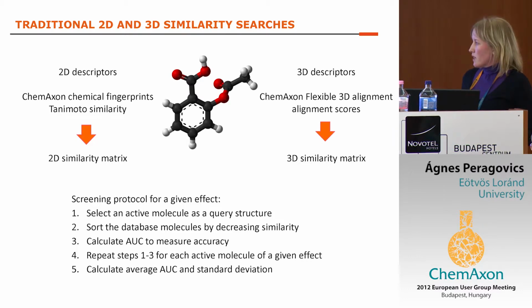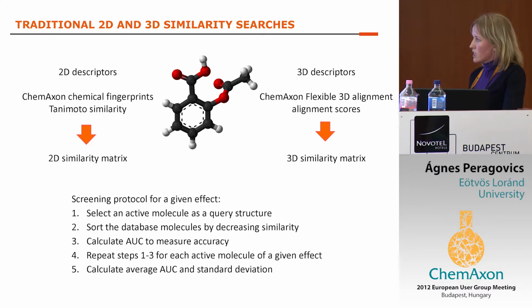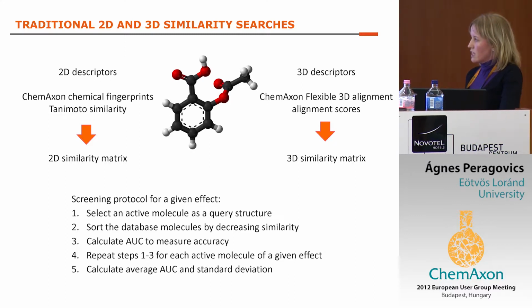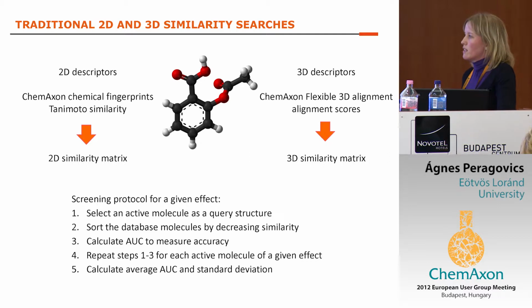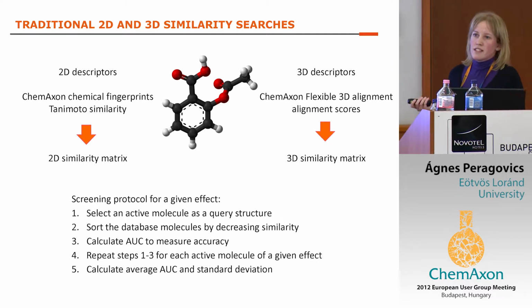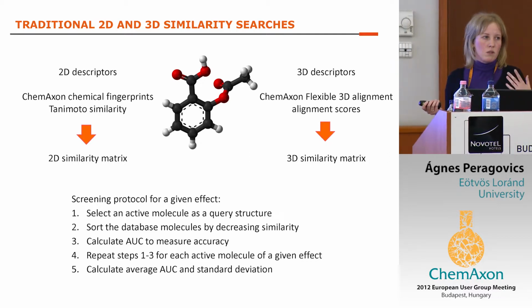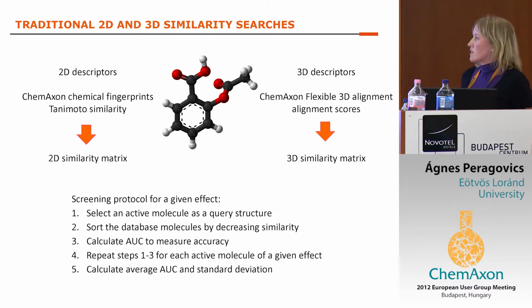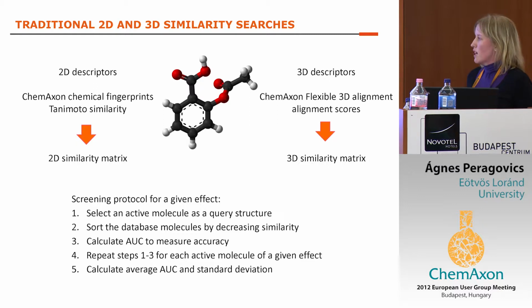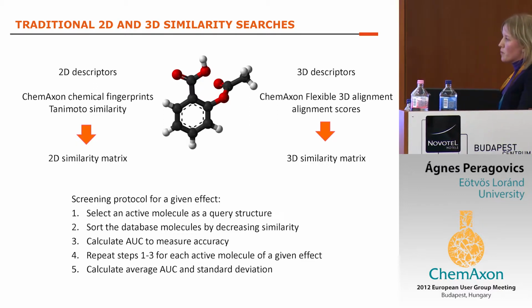And the screening protocol for a given effect looked like this. So first we selected an active molecule as a query structure, then sorted the database molecules by decreasing similarity, and that's how we got a list similar to the previous one I was showing to you, and calculated the AUC values to measure the accuracy.